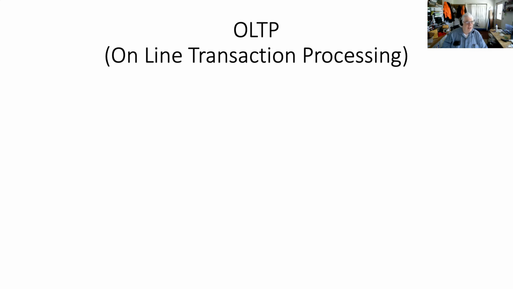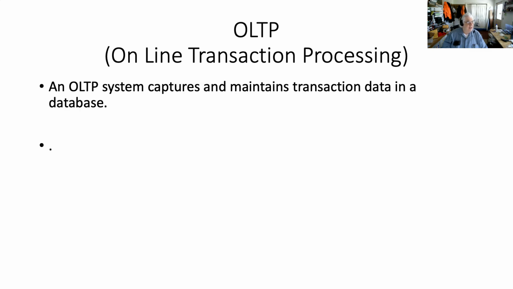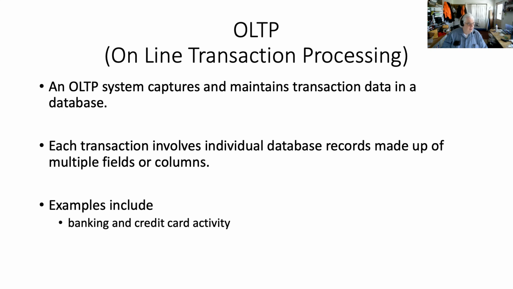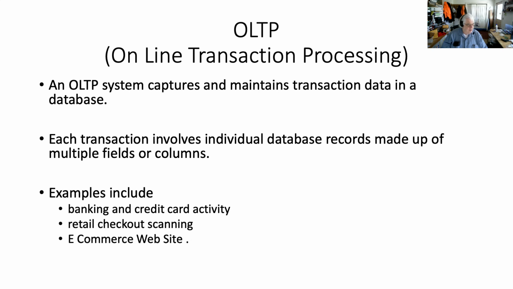OLTP, or online transaction processing. It's a system that captures and maintains transaction data in a database. Each transaction involves individual database records made up of multiple fields or rows. Examples would be banking, where you are logging banking transactions, or credit card activity, a retail checkout scanning at a grocery store or at a restaurant.